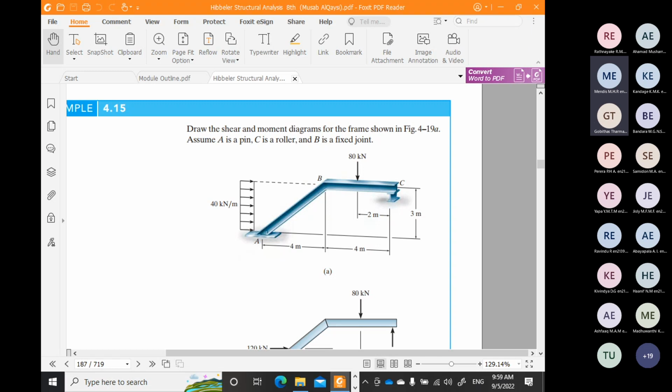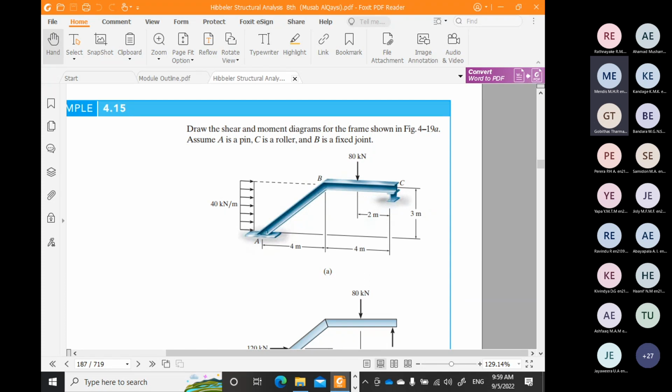So the check is similar to checking for a beam. We need to see the support conditions, and if the number of reactions is equal to 3, then we can solve using standard equilibrium equations. If the support reactions are more than 3, then we can't solve using standard equilibrium equations.